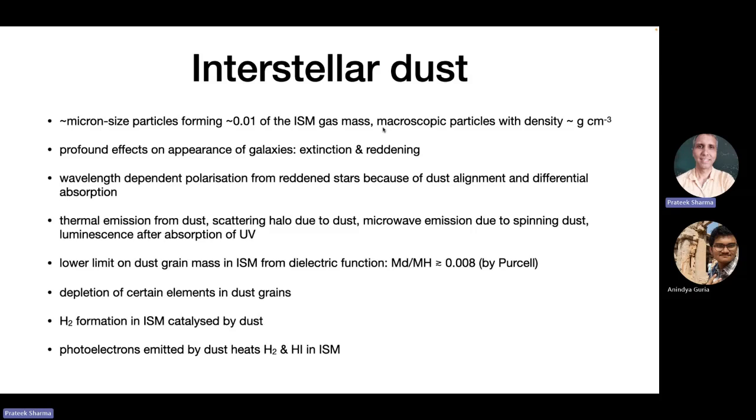Molecular hydrogen, H2, is supposed to be catalyzed by dust. It is supposed to form when a hydrogen atom is captured on a dust particle and stays there, moves around on the dust particle, and another hydrogen atom comes, and they recombine on the dust. So dust is a place where a lot of chemistry happens.